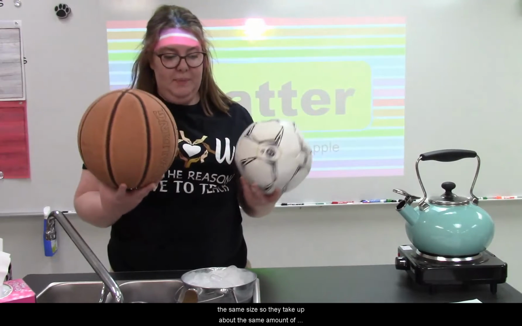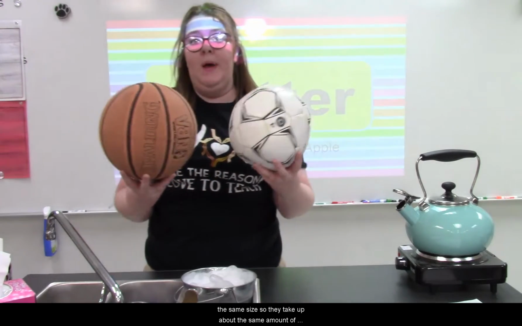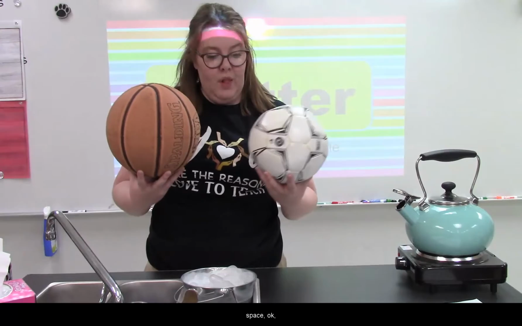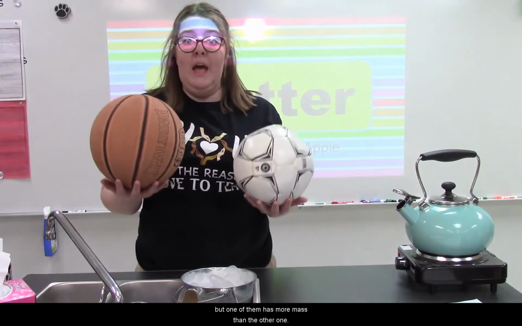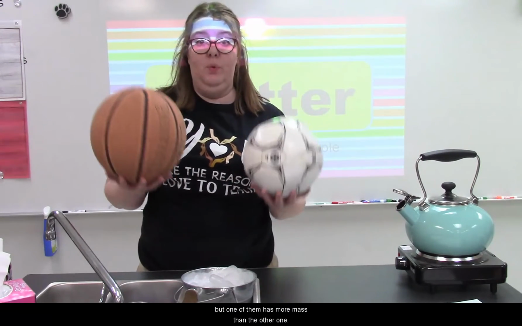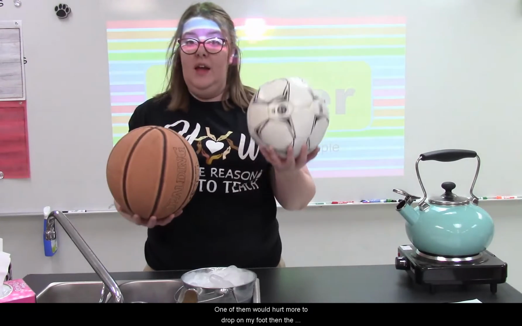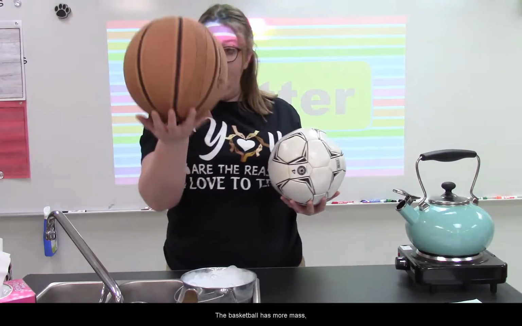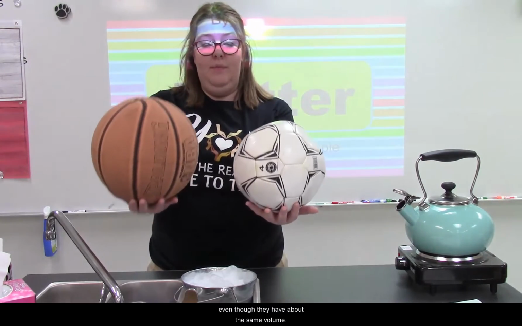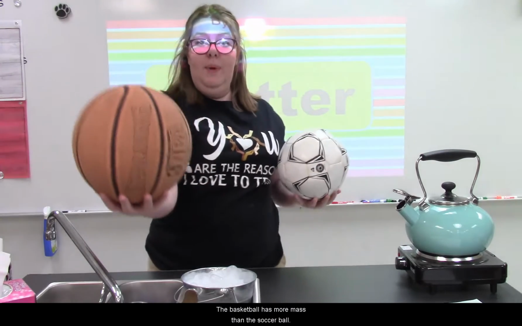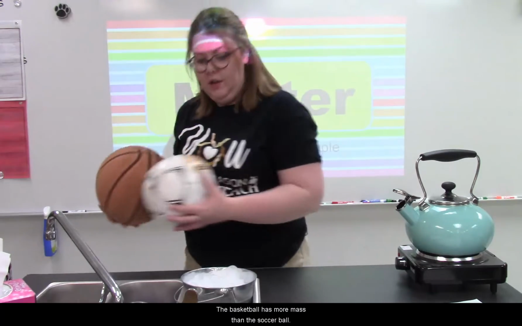They're about the same size, so they take up about the same amount of space. But one of them has more mass than the other one. One of them would hurt more to drop on my foot than the other one. The basketball has more mass. So even though they have about the same volume, the basketball has more mass than the soccer ball.